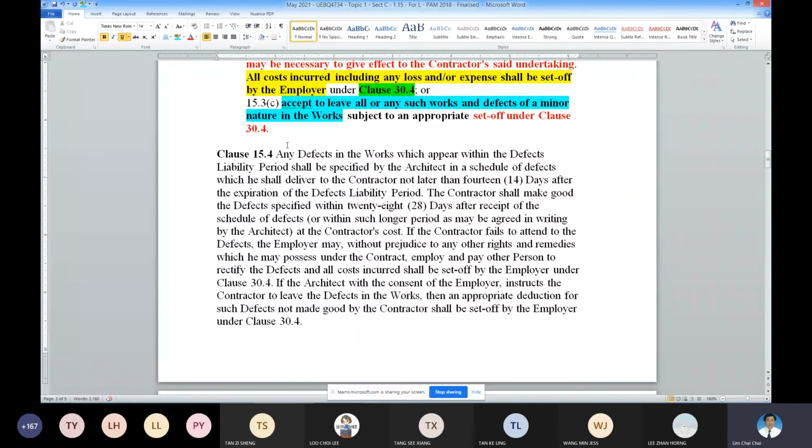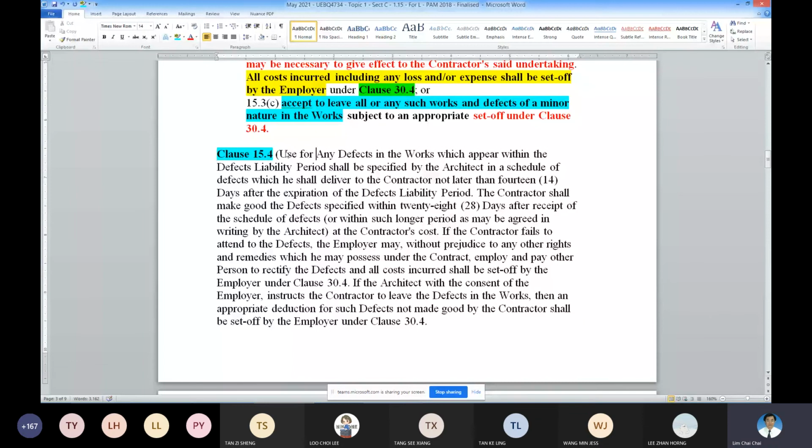Yeah, 15.4 is for the recurring defects. Clause 15.4, you use it for the recurring defects, during the DLP.